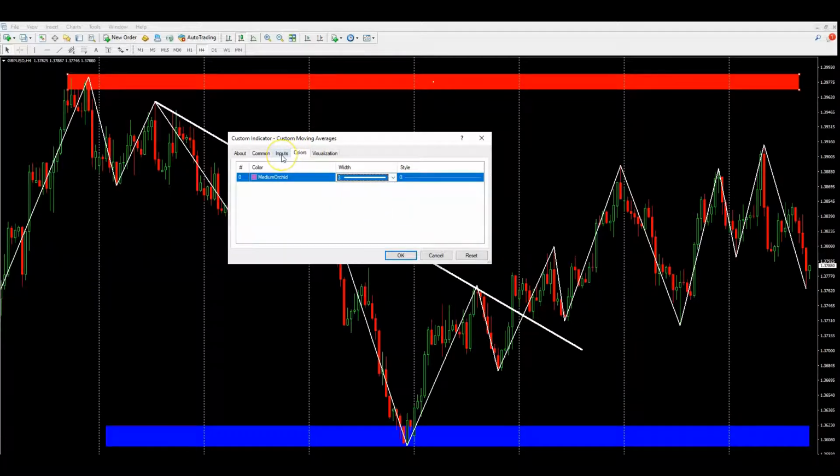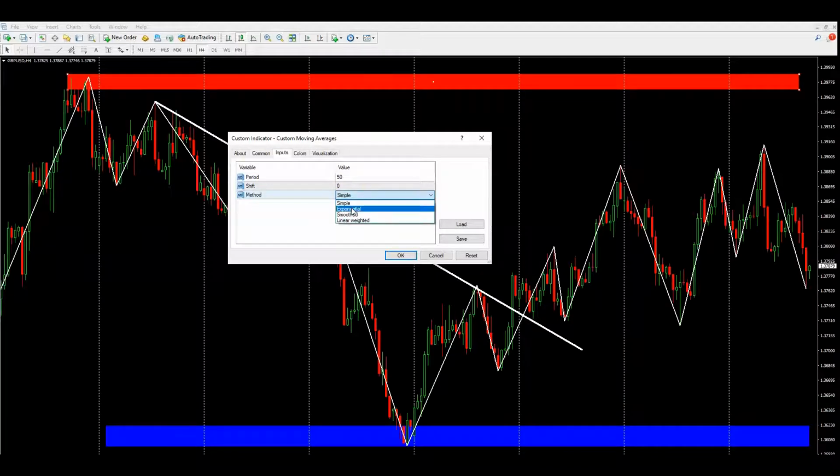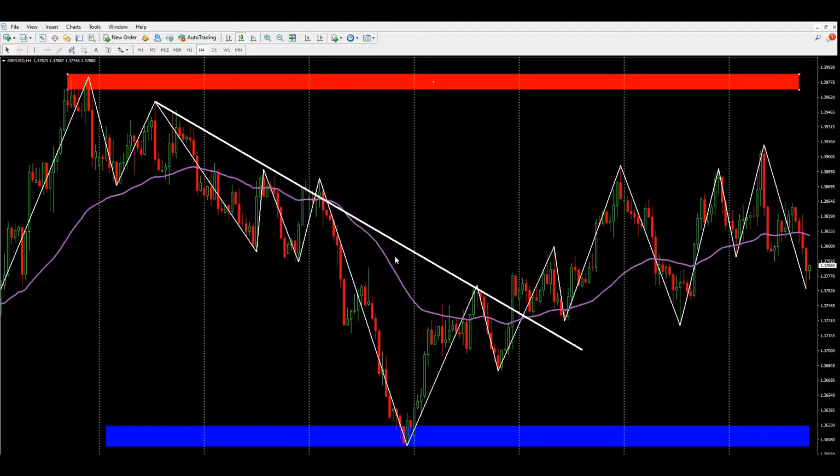Then I'm going to do my input 50, double click 50, my simple, double click, make it exponential. I like fast movement, so let's click OK. All right, price is underneath here. When price is underneath this 50 EMA, you are in a downtrend.